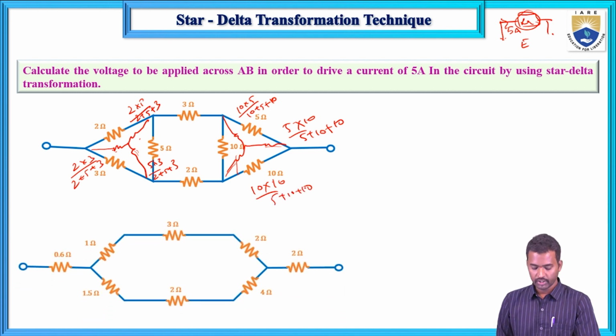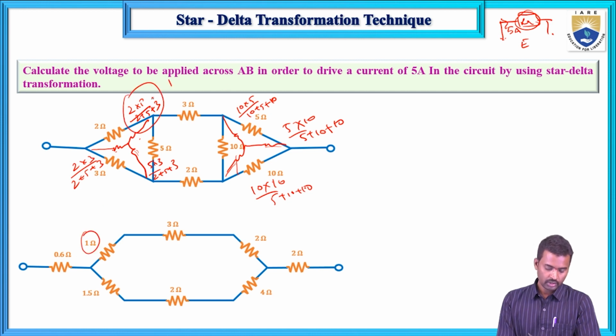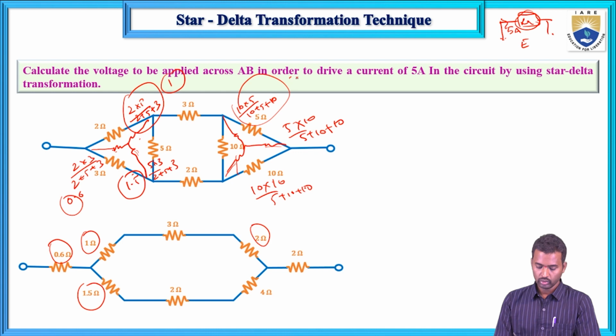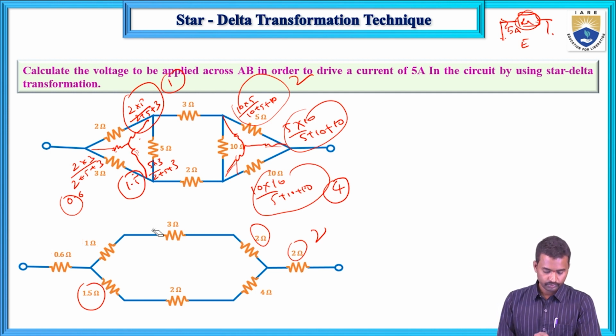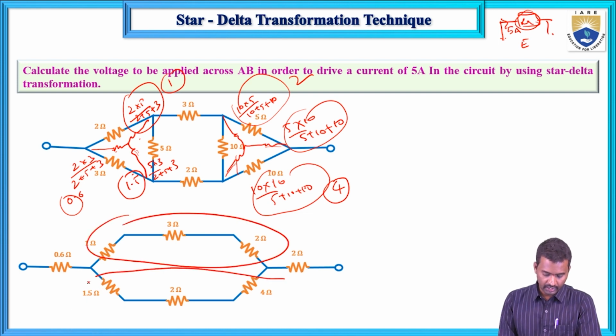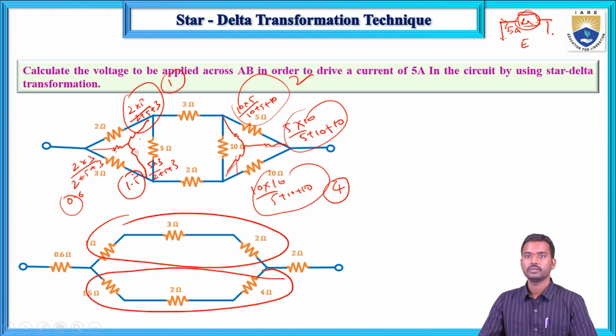Now the simplified values are 1, 1.5, 0.6, 2, 2 and 4. Here these three are connected in series and these three are connected in series.